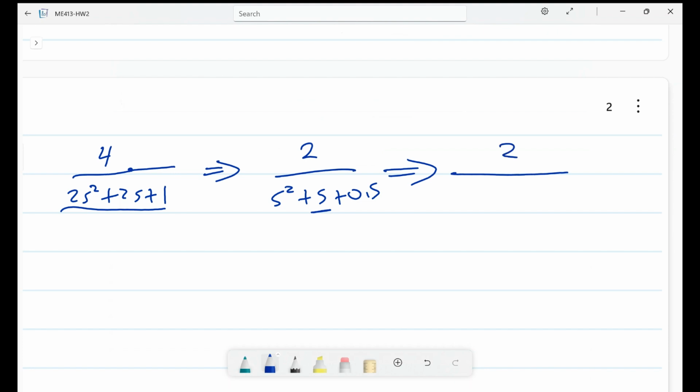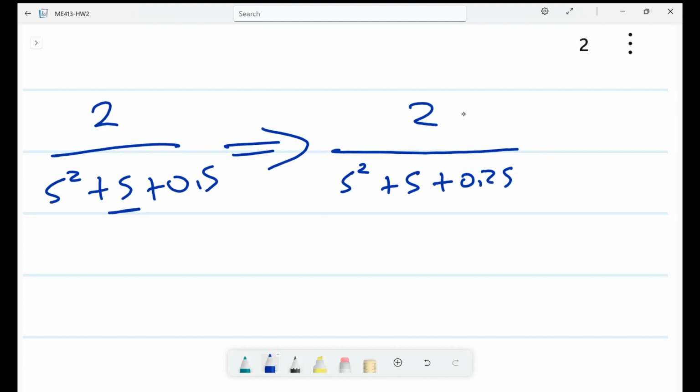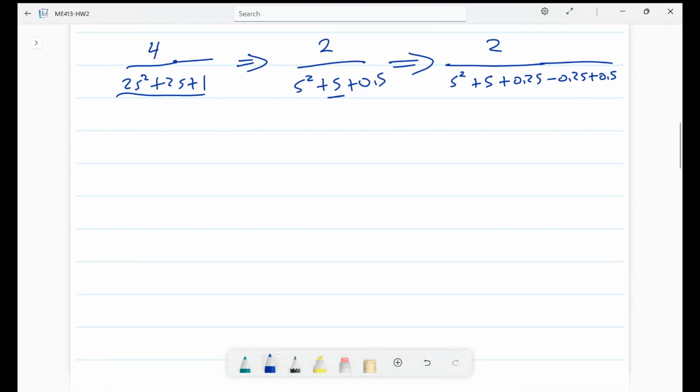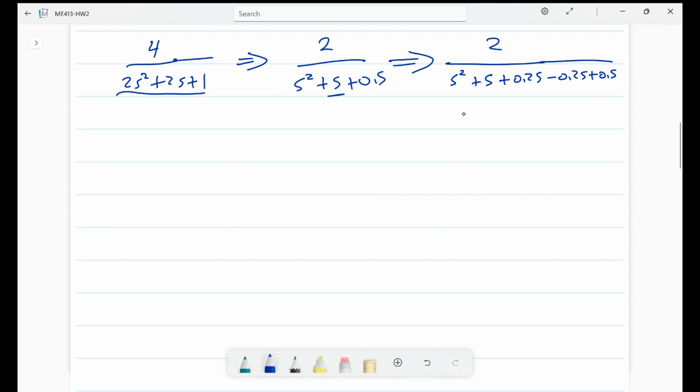So it will be plus 0.25 because it's half squared, and also minus 0.25, so we're adding and subtracting, plus 0.5. So this will be s plus 0.5 all squared plus 0.25. We'll come back later to this term.